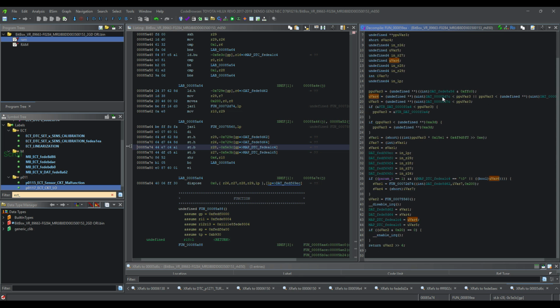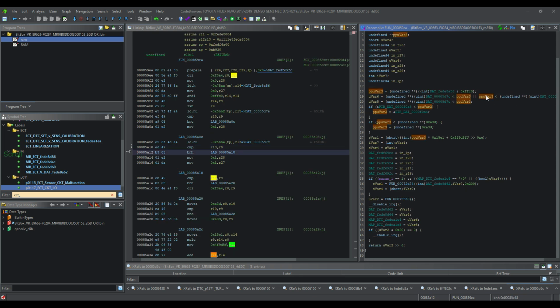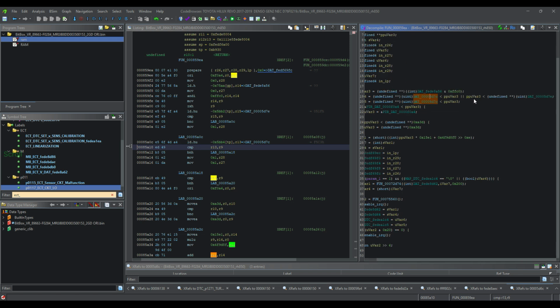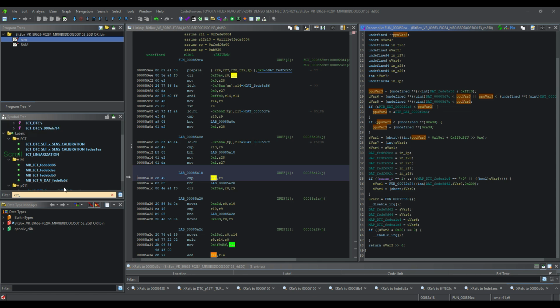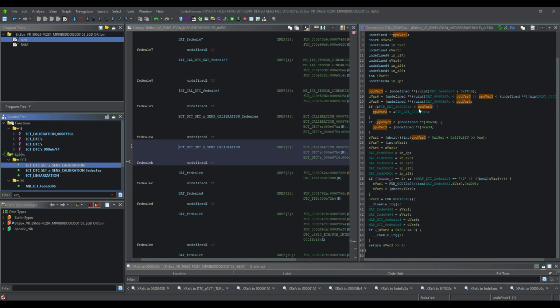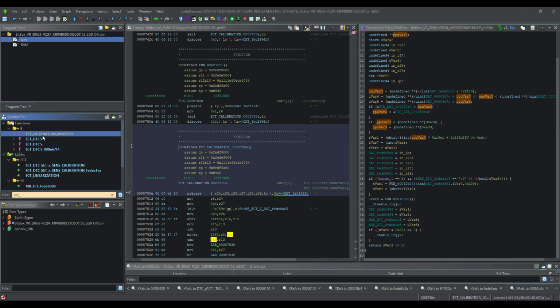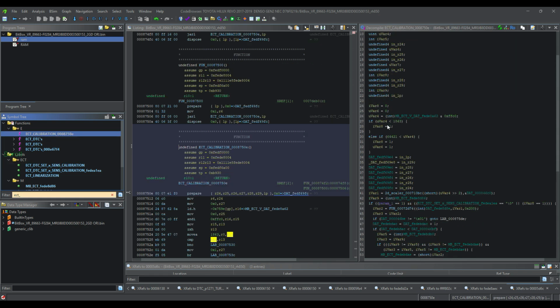Okay, and right off the bat, what do we see? We see a variable more than and less than, and then a variable more than, and of course that is nearly identical, although it looks significantly different. But let's look at our sensor ECT calibration function. And what do we have going on here?